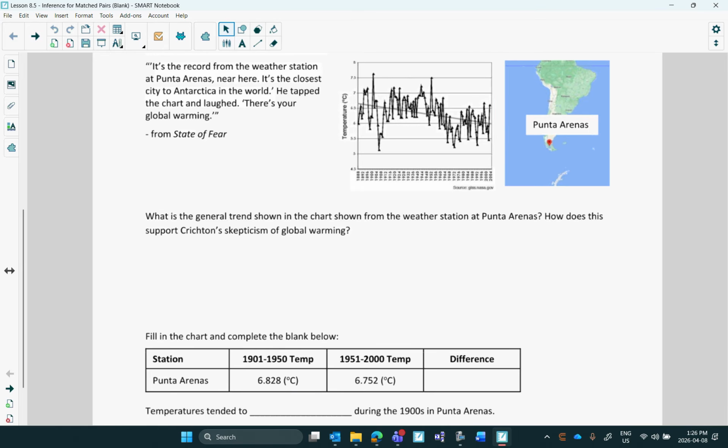Yeah. So what's the general trend shown in the chart from the weather station, and how does it support the author Crichton's skepticism of global warming?